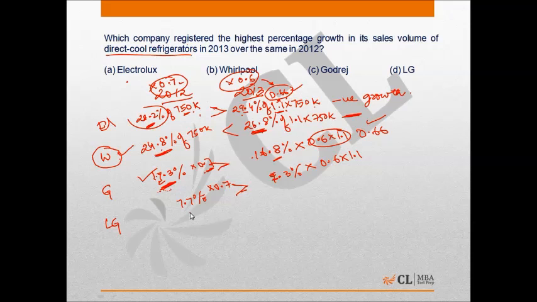If you look at LG as well, this is 7.7, this is 7.3. You are multiplying 7.7 with 0.7 while you are multiplying 7.3 with just 0.66. So it decreases. Whirlpool is the only company which has registered positive growth in its sales volume. The others have registered a negative growth. Hence the answer is Whirlpool.